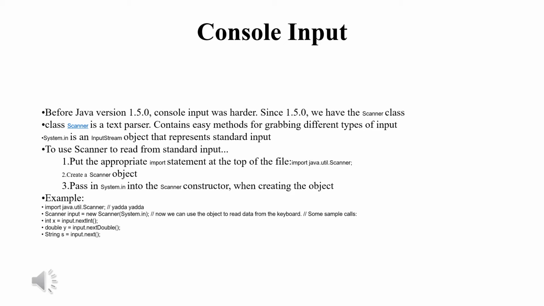And I can save them based on their types as values for my variables. For example, int x be input.nextInt, or double y be input.nextDouble, or String s be input.next, right? So this is a very simple example.